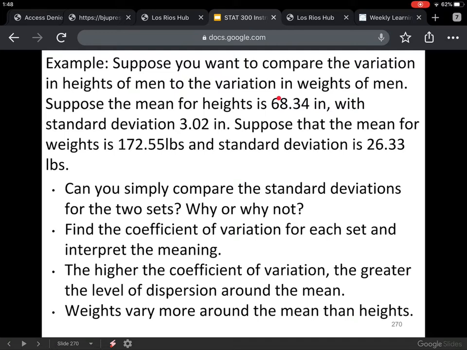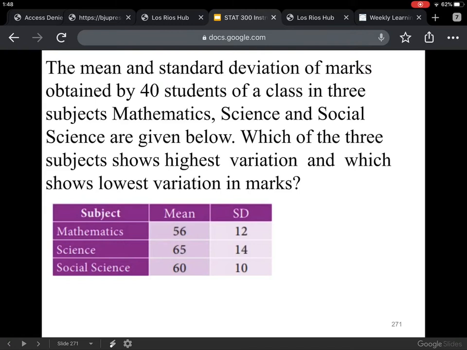We have 26.33 divided by 172.55, and you get 0.15. So it looks like weights vary more. It has a coefficient of variation of 15%. That's a lot. Weights vary more than heights. And that, again, should make sense in the real world anyway.